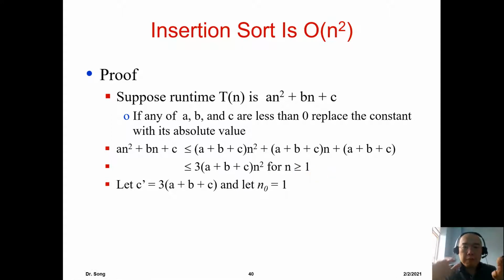So after having that, what can we say? We can say this polynomial is O(n squared), right? Okay, so this is how we figure out whether such a polynomial is O(n squared) or not.